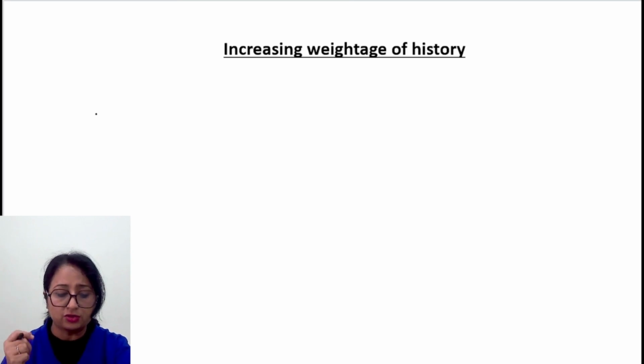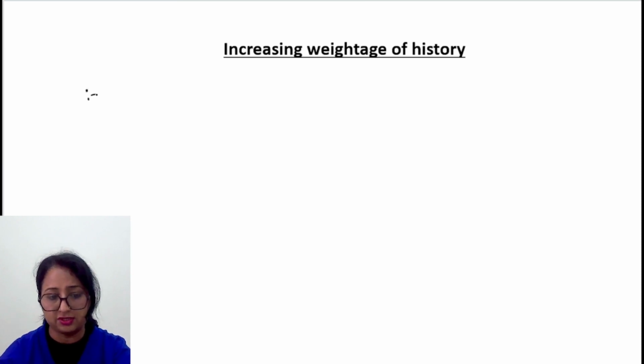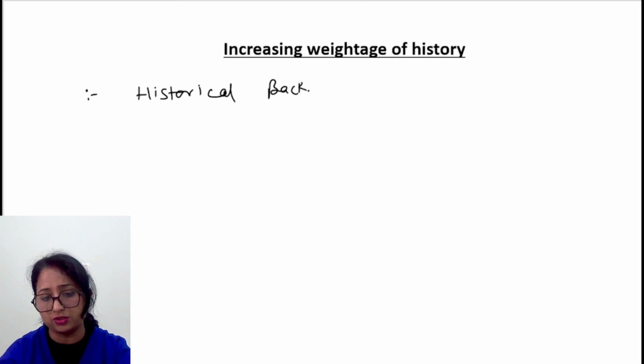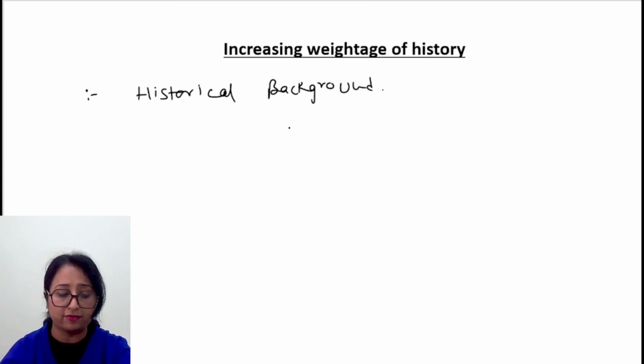Historical background almost always comes in every section, because it is there in every question, whatever they're asking. So historical rational knowledge is very important for every student.